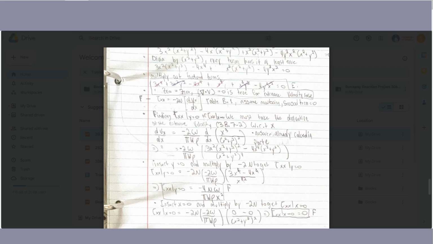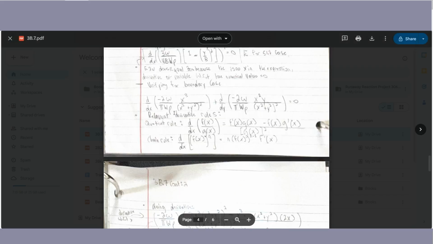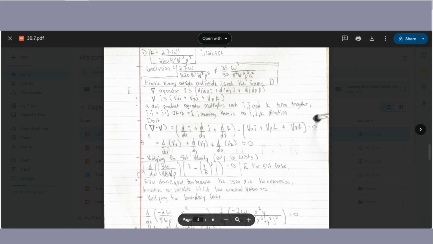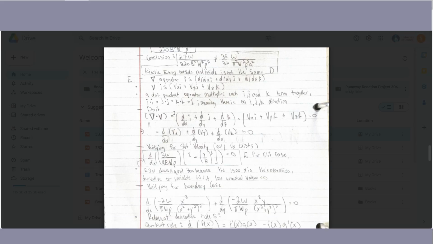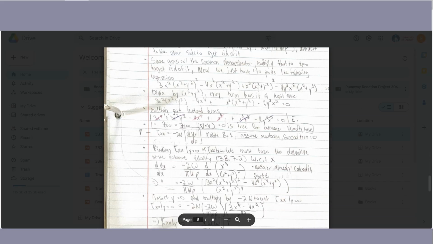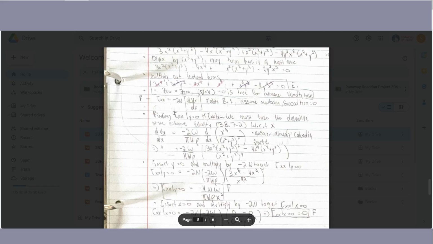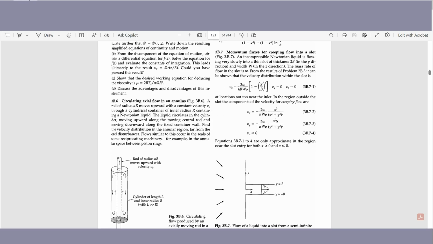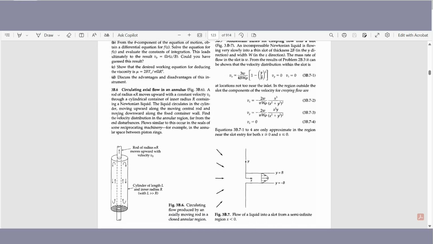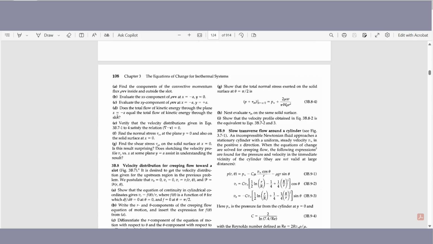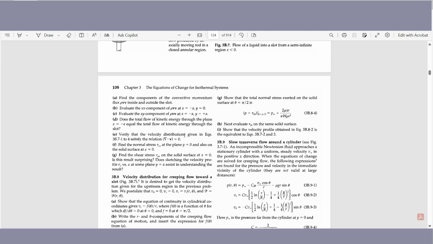Then we just take the derivative of our Vx term. It's already there, it's given to us. We take the derivative of Vx with respect to x. That's 3B.7-2, so that's the entrance equations. Does that make sense? Part F, entrance equations. Yeah, at the plane y equals 0. So that's y equals 0, the origin of the coordinates.